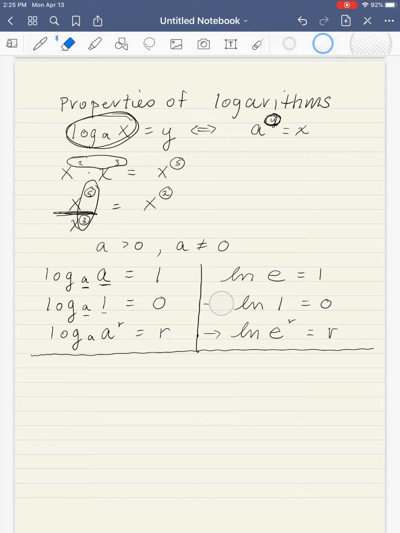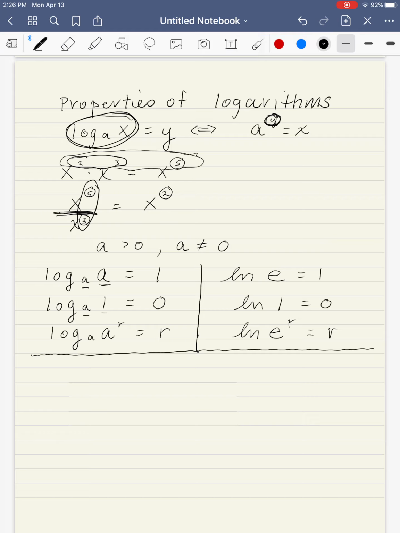And what we're training ourselves to do here is training our brains to understand what these symbols mean, what I mean when I say ln 1. I have to understand that that means the logarithm base e of 1, which in turn means e to what power equals 1. So it's going to take some practice to train our brains to read these symbols and understand what they mean.